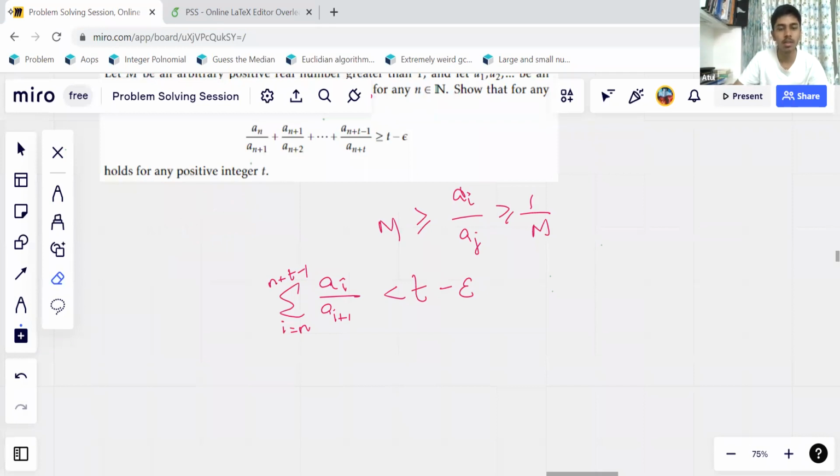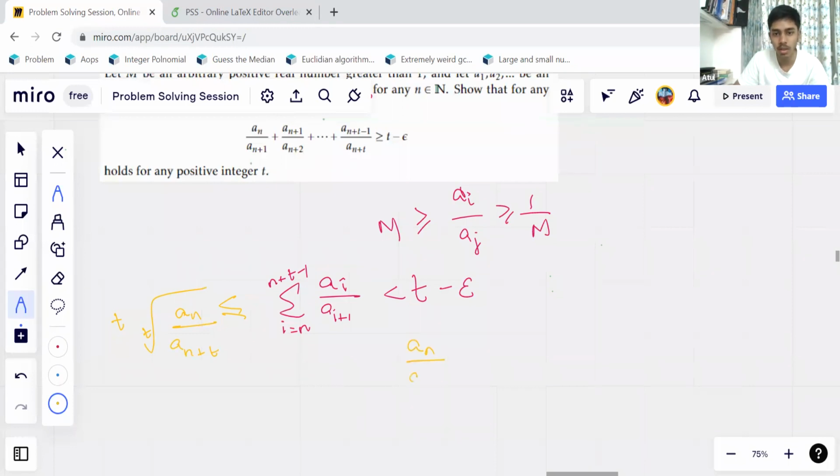So for every n, there is such a t. AM-GM, oh, okay, yeah. So by AM-GM, we have that this is at least t times the t-th root of a_n over a_{n+t}. Okay, that's interesting.